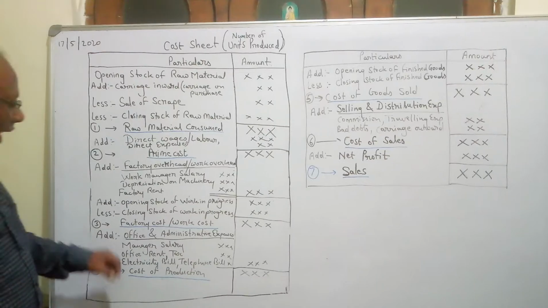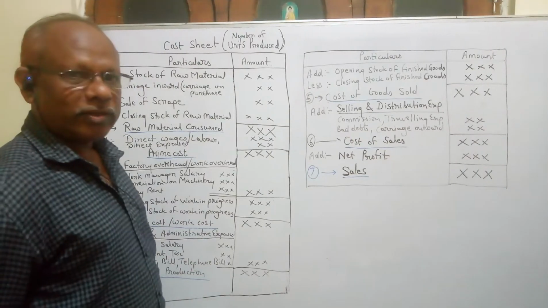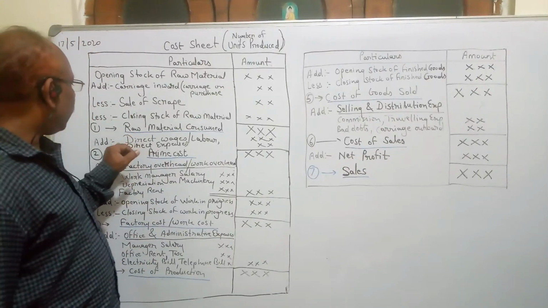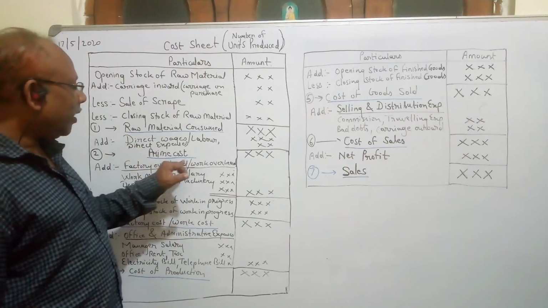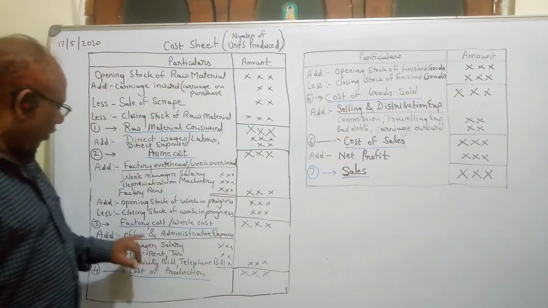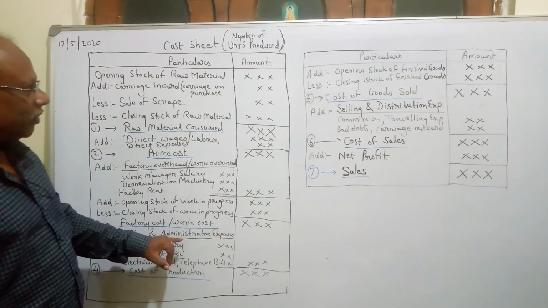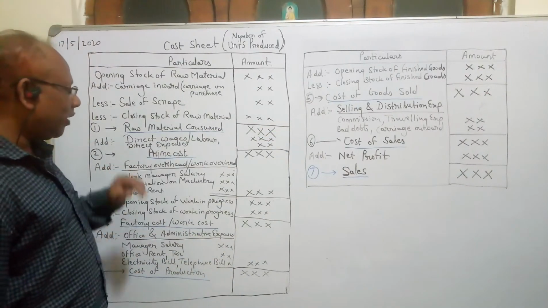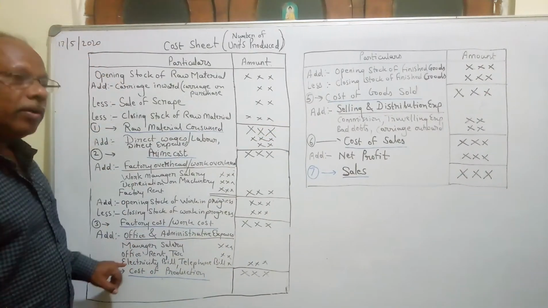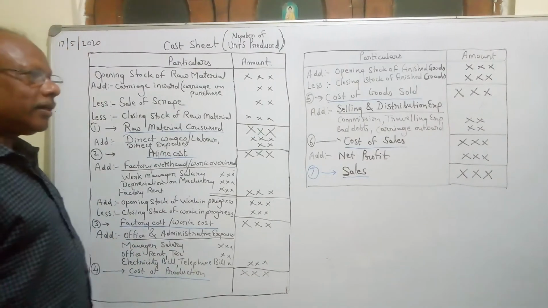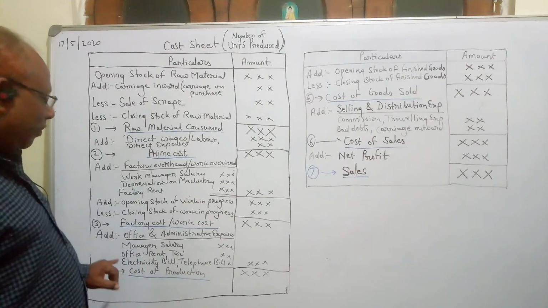Then we add office and administrative overheads. Office and administrative overheads are very different from factory overheads or work overheads and selling and distribution expenses. The expenses which are very much related to the office are, for example, office rent and manager's salary.